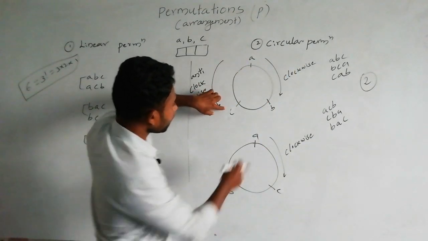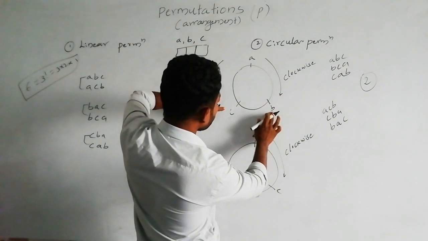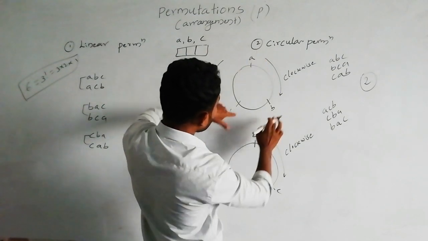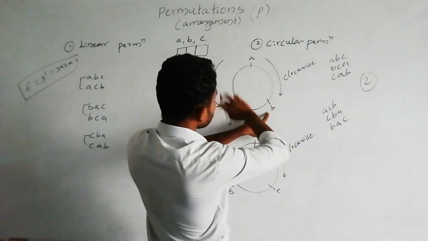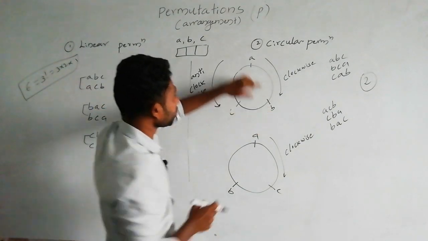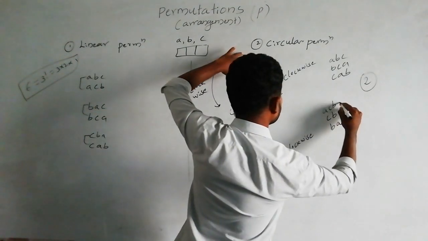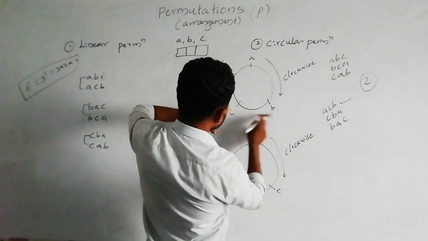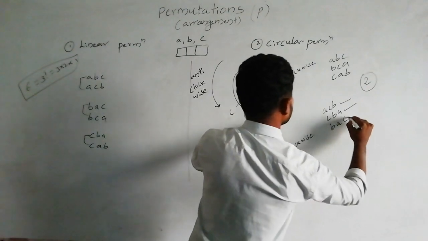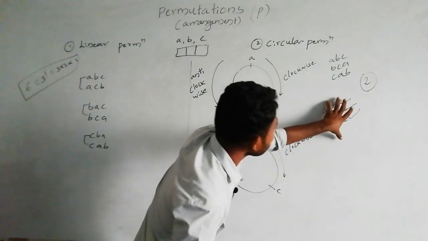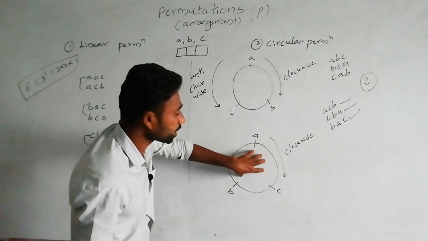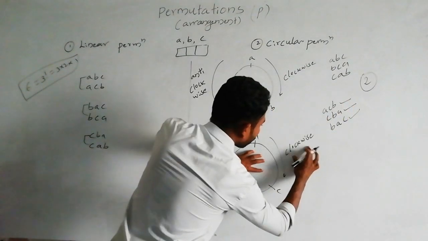Here A, C, B, C, B, A, B, A, C. We are getting three linear permutations: A, C, B, C, B, A, B, A, C. These linear permutations we already have in the second circular permutation clockwise.